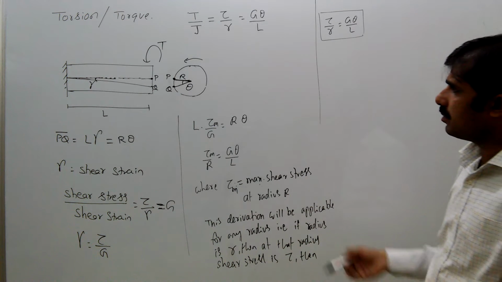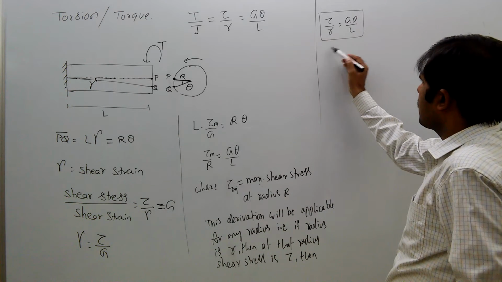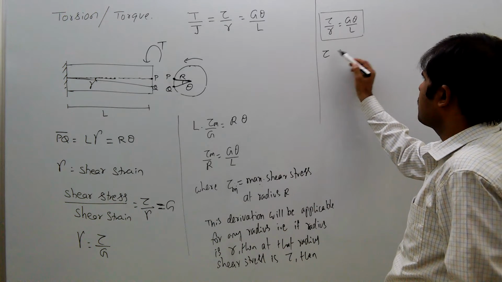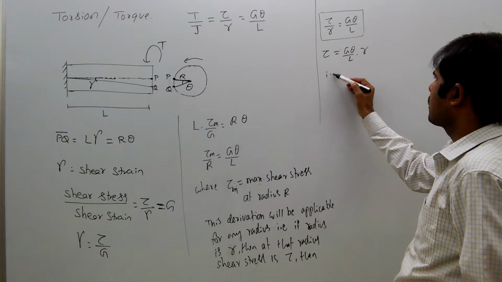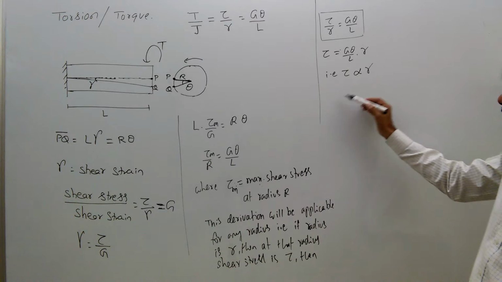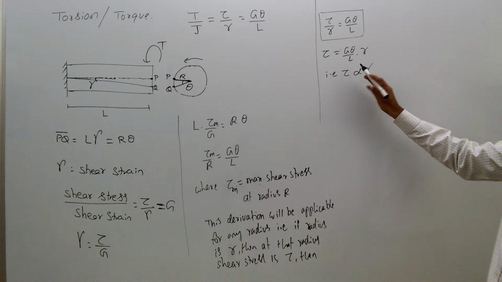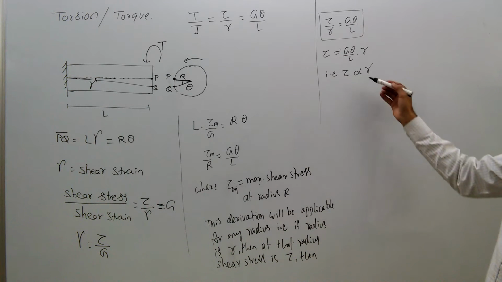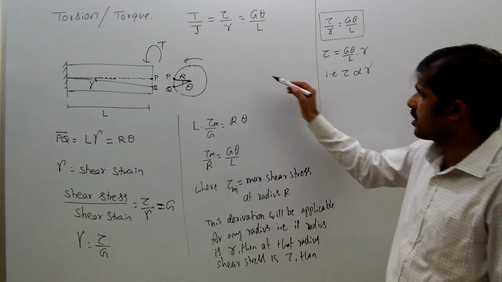Now we can tell that shear stress is G theta by L into r, that is, shear stress is proportional to small r. So the shear stress distribution is linear: 0 at the center and maximum at capital R. It looks like this.